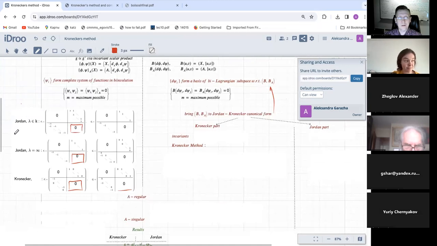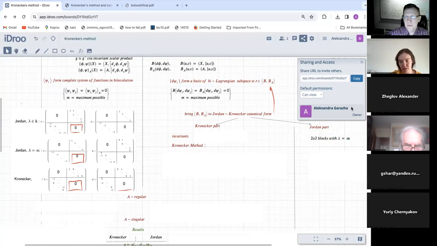In the general case, lambda here could be any element of field K, but when we have these skew-symmetric forms B and BA, we know that the Jordan part consists of blocks with eigenvalue infinity.